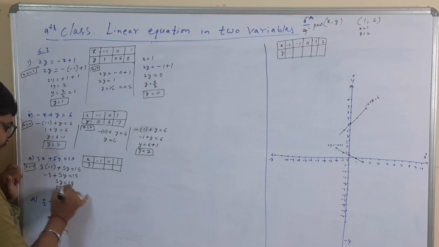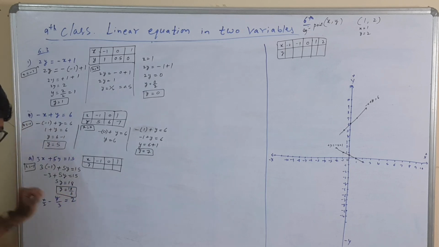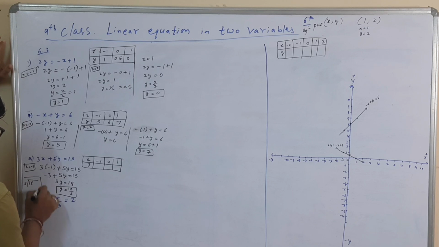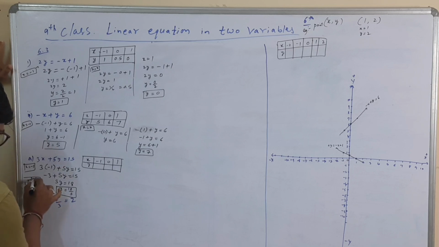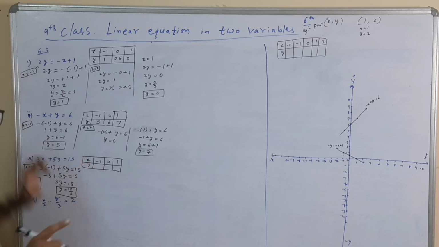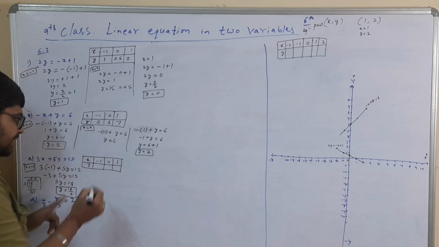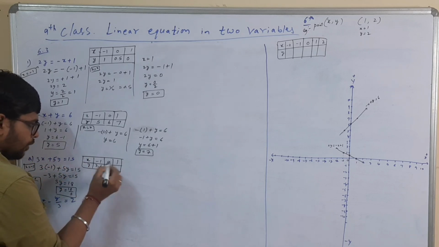If we get this kind of values, we need to solve. 18 divided by 5: 5 threes are 15, 3 carry, so 3.6. I'm taking only one digit after the decimal point, so I'm getting 3.6 approximately.